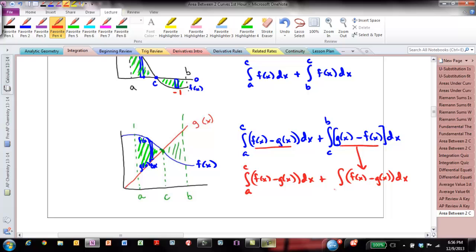So instead of going from C to B, I can go from B to C. That's not the only option. You can put a negative out front here. But these are identical integrals. If we had to work this out by hand, that and that are identical, and we would only have to take one antiderivative.